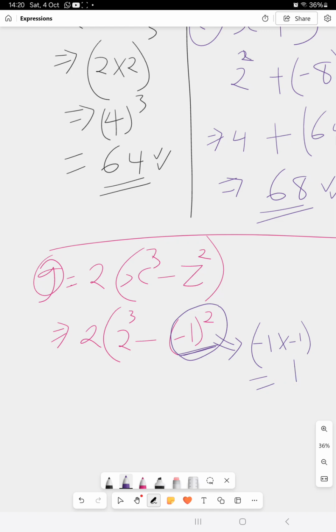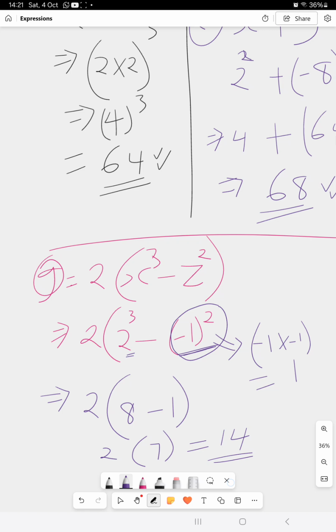So now it is 2 into 2 cubed is 8, then minus 1, and this gives you 2 into 7, giving you 14.